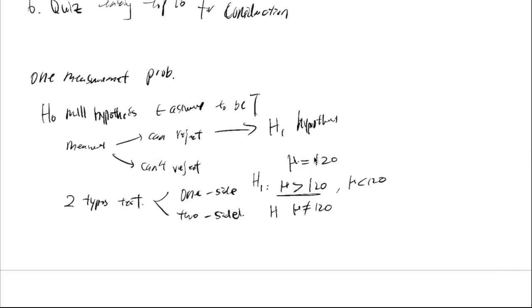So in this case, mu greater than 120 is our alternative hypothesis. But in another situation, say we're talking about some random people, and those people are not from, I don't know, the heart disease department.